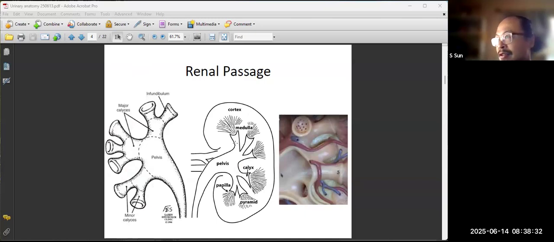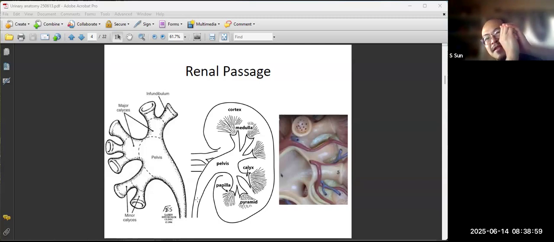This urine will go into the minor calyx, major calyx, and then pelvis, and then ureter.